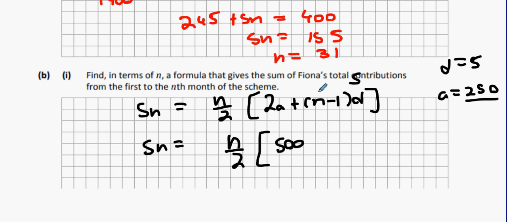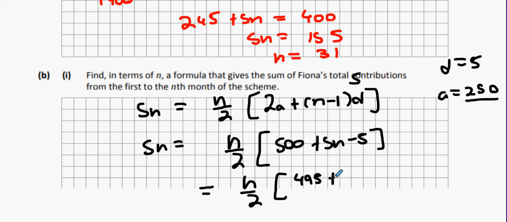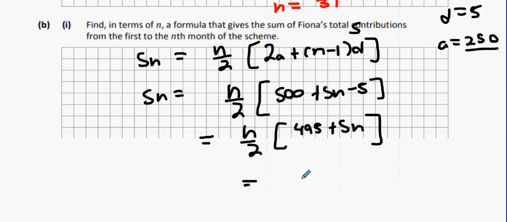What's 5 times N minus 1? 5N minus 5. And lo and behold, it's N over 2 into 495 plus 5N. You could also write it as 495N plus 5N squared over 2.